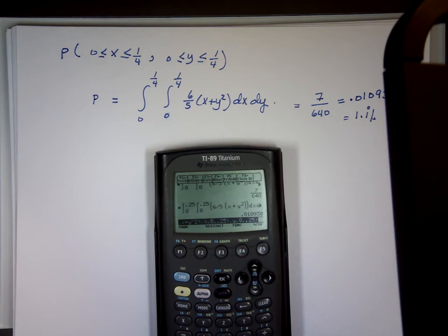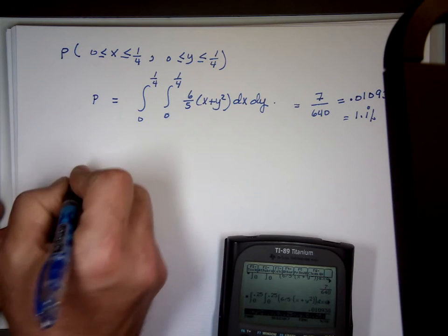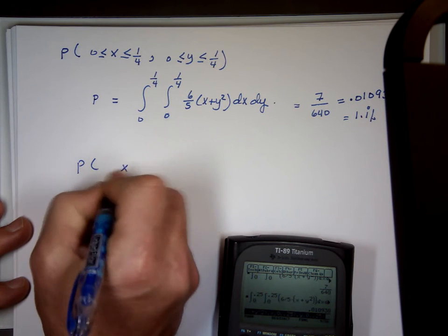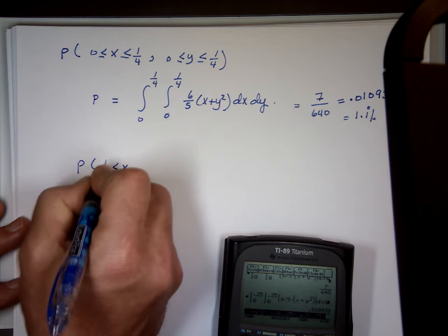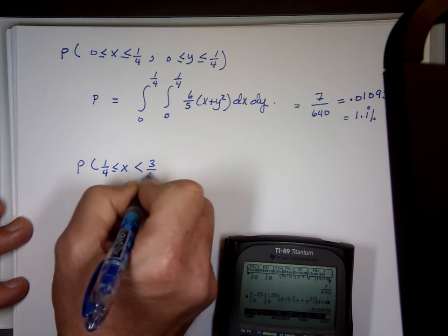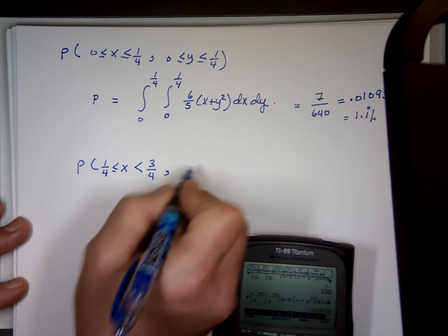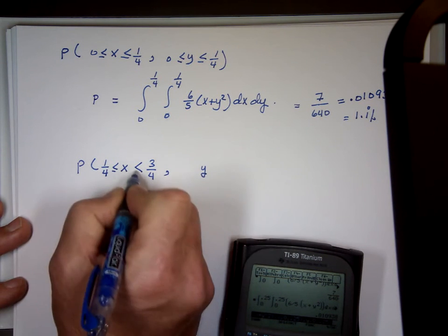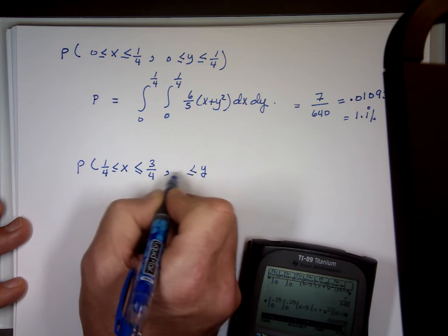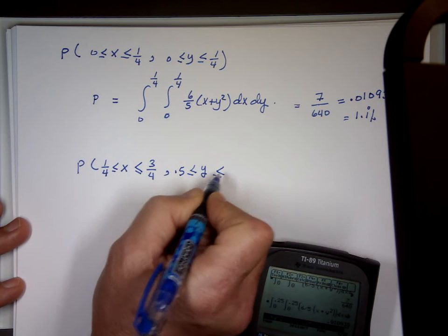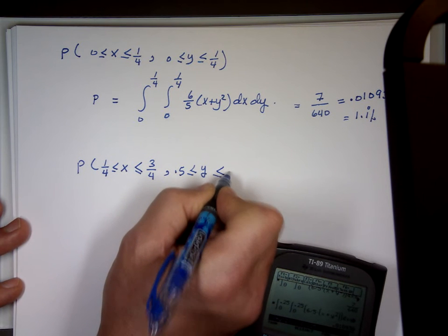If I ask, what is the probability that x will be between a quarter to 3/4 and y will be between what? 0.5 to 0.75, 3/4.